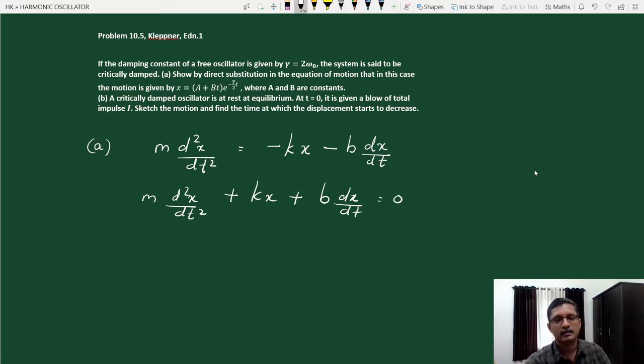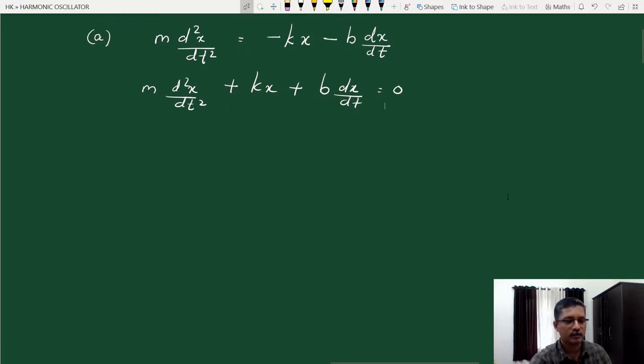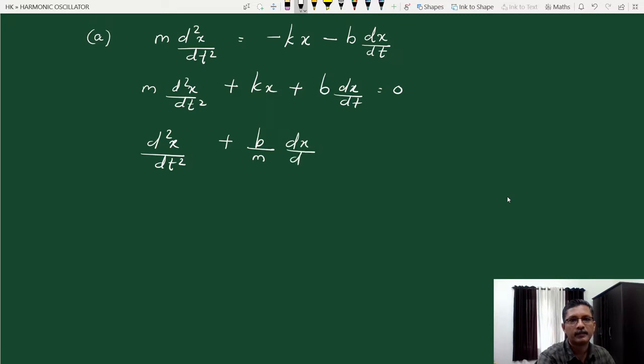Maybe I can write this in decreasing order of the derivative. So let's divide throughout by mass. We have d square x by dt square, plus b by m dx by dt, plus k by m x equal to 0.